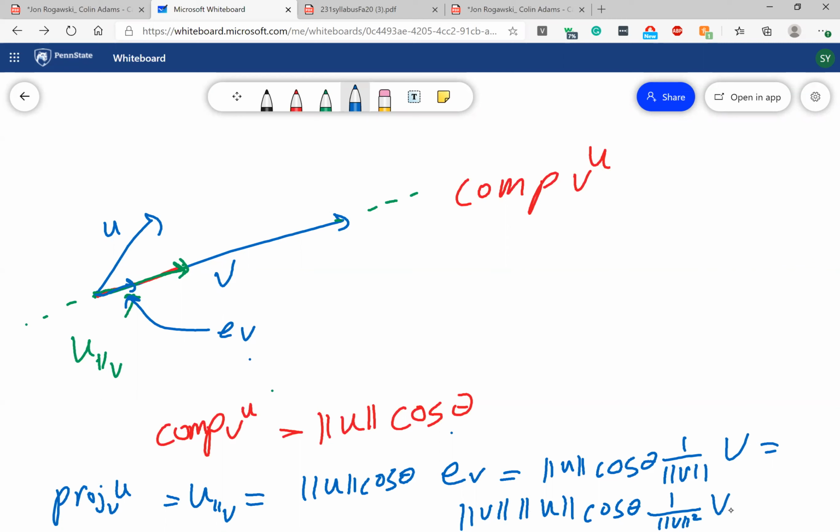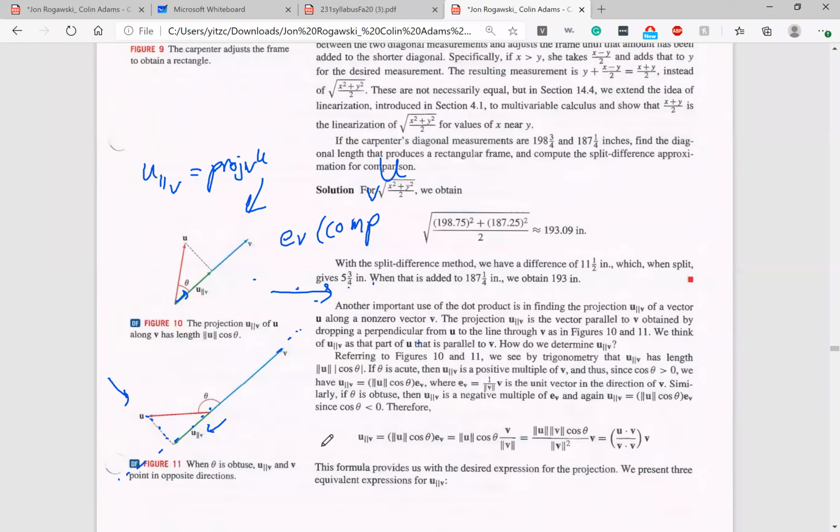So this is going to be equal to v dot u over the magnitude of v squared times v. And that's what the projection of u onto v is. So if you look here, this is the proof that we just went through.